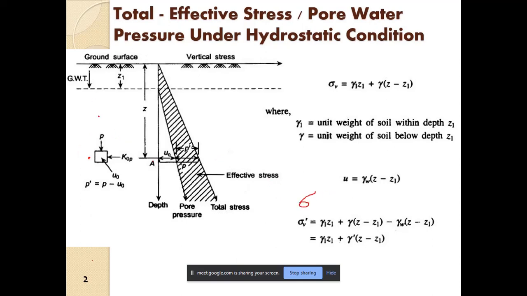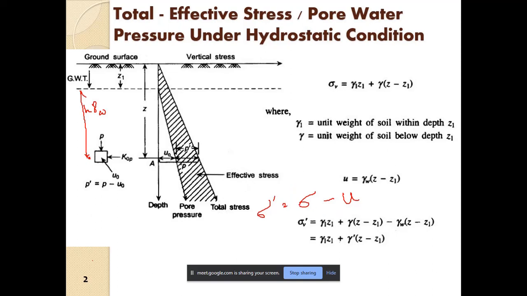If we want to find out the pore water pressure here, that is the height of the groundwater table multiplied by the unit weight of water. So we will have the pore water pressure. If we subtract that pore water pressure from the total stress acting there, we will have the effective stress at that point, as we have discussed in our previous classes.